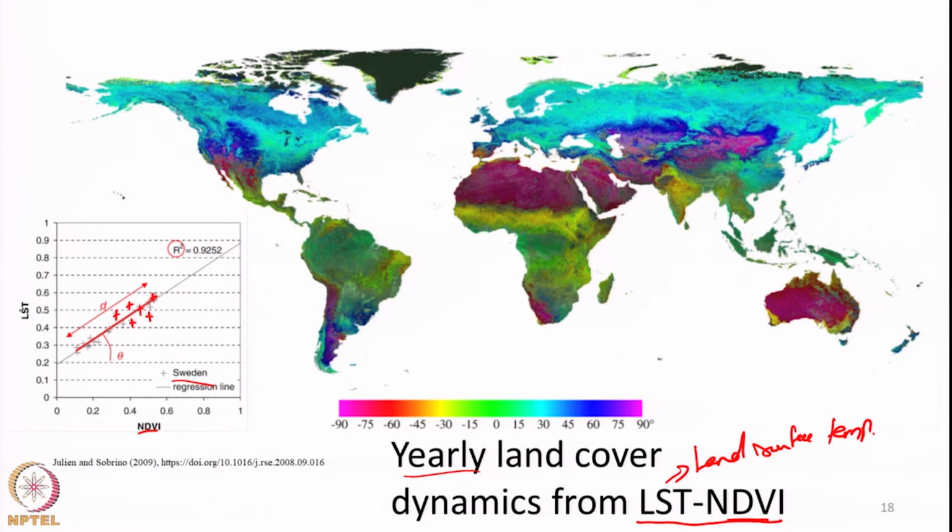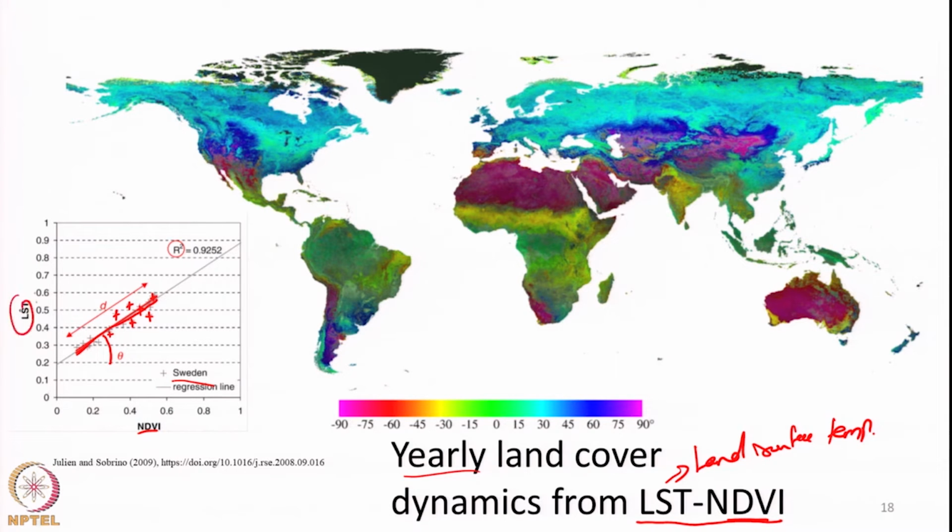If you perform a regression analysis, based on the features present there, the regression line will take one particular angle with respect to the horizontal, with a slope in either a positive or negative direction. This tells us that when NDVI increases, LST increases.